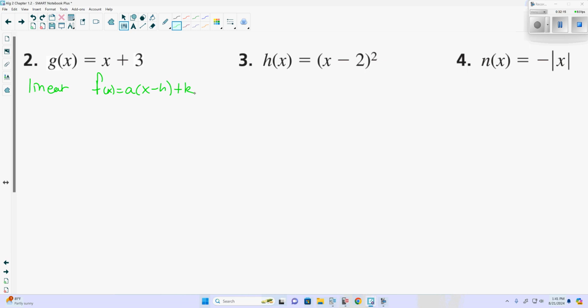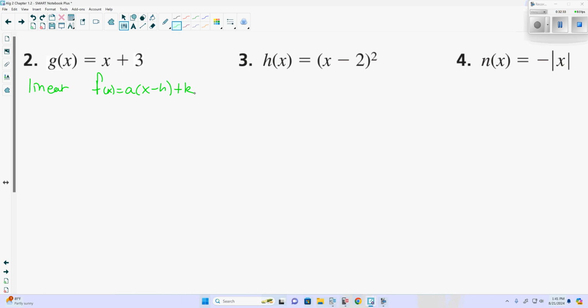Now I will say this, you do not have to write this every single time. I'm not going to count off if you don't write it every single time. If you have it there and you're referencing back to it, that works just fine. Or if you like having it written there so that you can look directly at it and see what matches up with what, go on and write it.